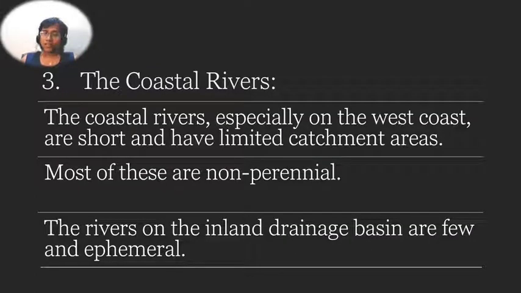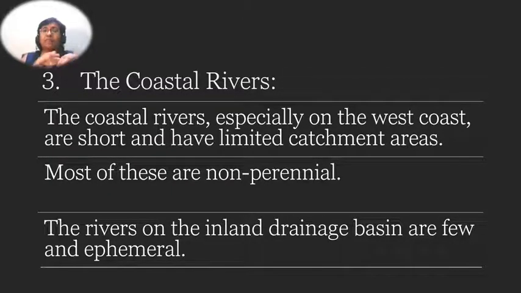The third category of rivers that we find in the Indian subcontinent is the coastal rivers. The coastal rivers are again non-perennial. That is, they don't flow throughout the year. These rivers are normally short and have very limited catchment areas. What is a catchment area?